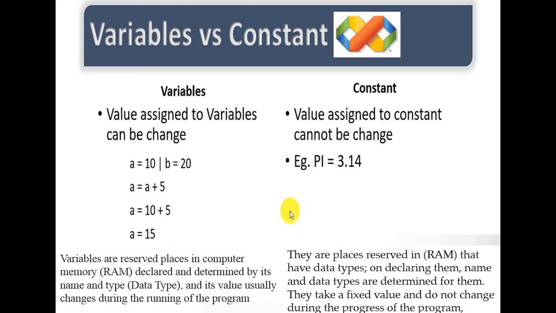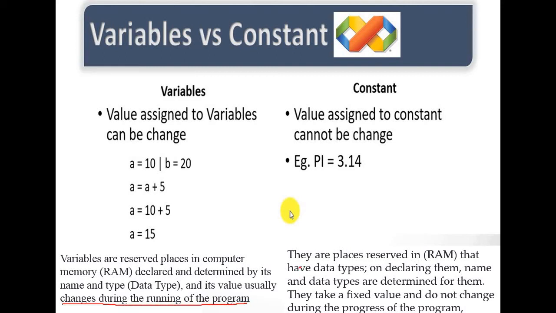So the variables are reserved places in computer memory, in the RAM. We can declare them, so they are declared and determined by their name and type. This is the data type that we studied, and its value can usually be changed during the running time of the program.